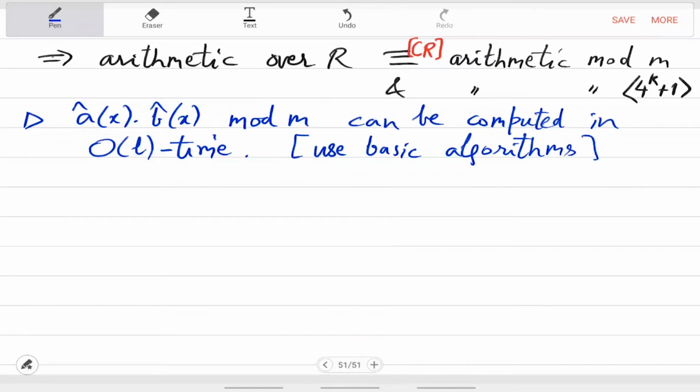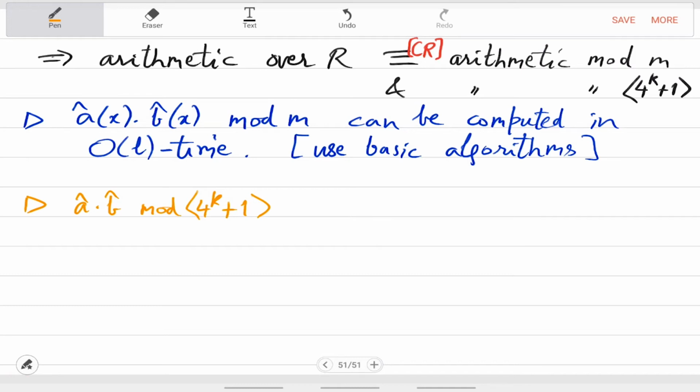So let us look at the other part. A hat b hat mod 4 raised to k plus 1. So what do you do here? So here you have to go through this DFT based idea, right? So you have omega available, which is 4, which is more than the degree of the product A hat B hat.